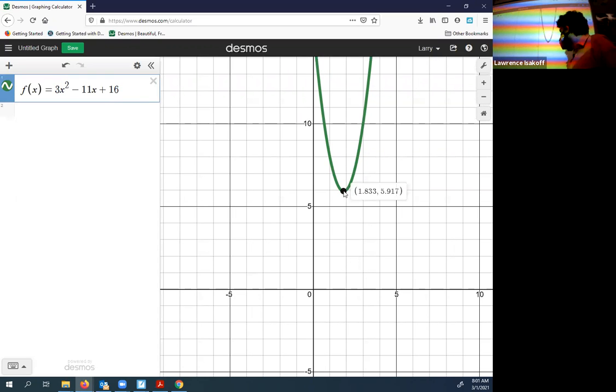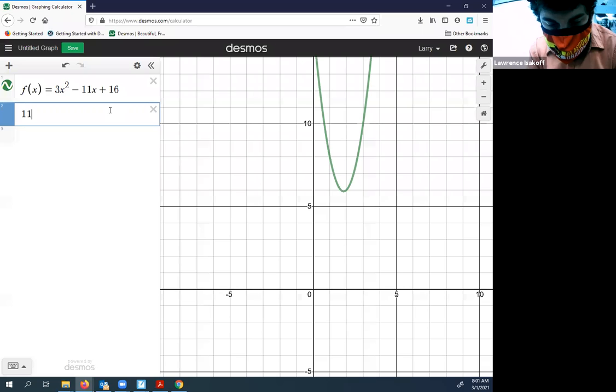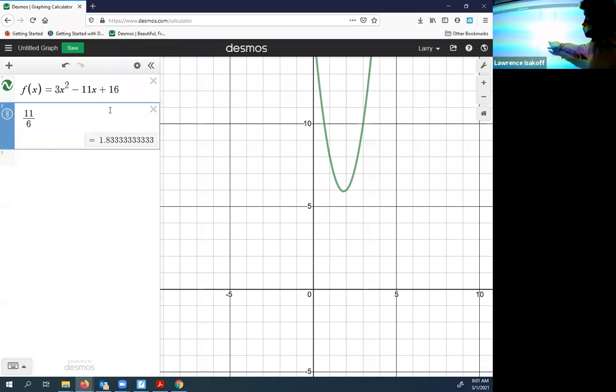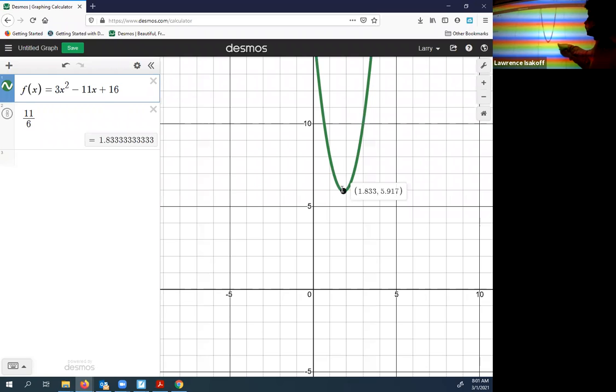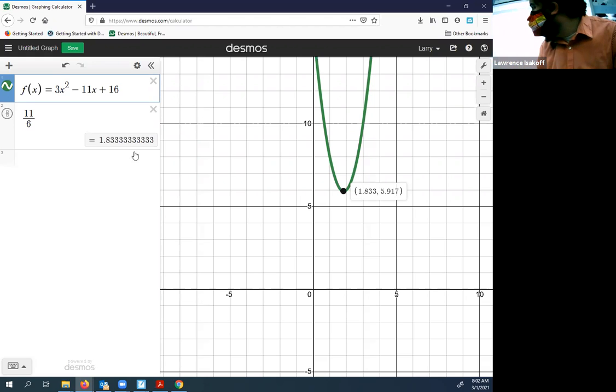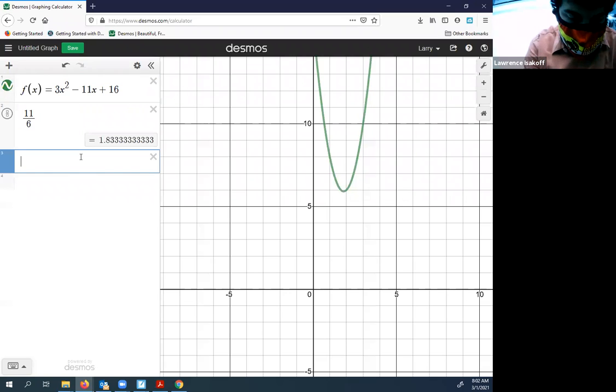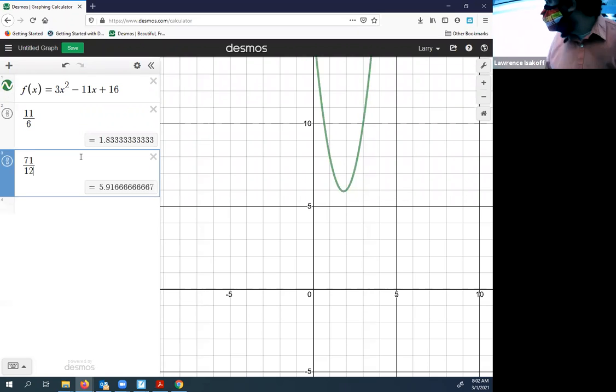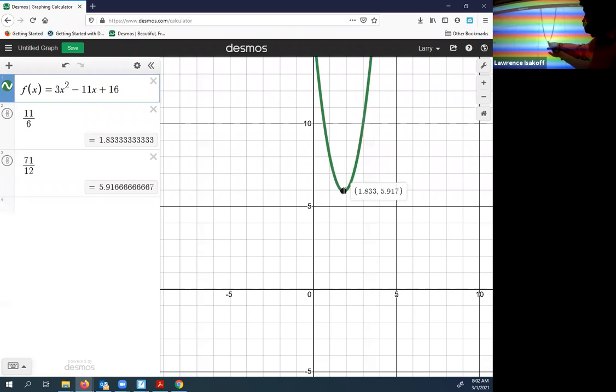If I click on this, I get some weird looking fractions, right? Watch this. If I do 11 over 6, 1.83 repeating, hey, this decimal is the same as that fraction I just got. Let's see what 71 over 12 is. Hey, that's the same decimal.